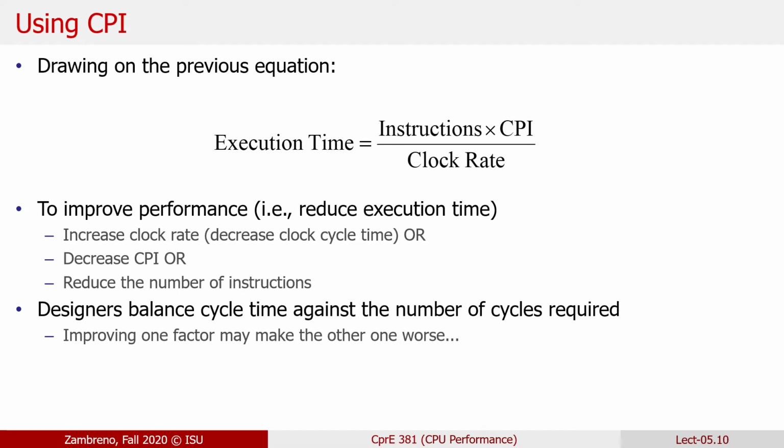And according to this equation, there are really only three ways to do it. We have our instruction count. So if we want to make that value on the left-hand side of the equation smaller, we have to also reduce our instruction count. That's one way to do it. So one way to improve performance, and I think that makes some intuitive sense, would be to decrease the number of instructions required for our program.